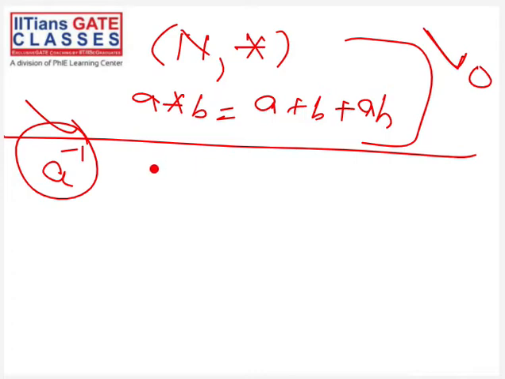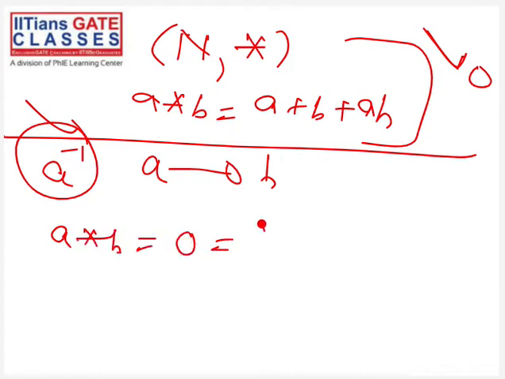You can check. So we are asking what will be the inverse of A. Let's assume that inverse of A is B. Then it should happen that A star B should be equal to 0.